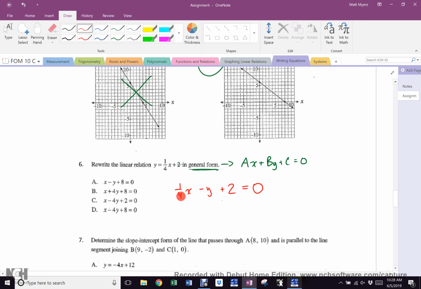Multiply by 4. What happens to these 4s? Cancel. What's left? X. 4 times y, what's that? Minus 4y. 4 times 2, what's that? Plus 8 equals 4 times 0. 0. What's the answer? D. As in, damn, I'm good at math.